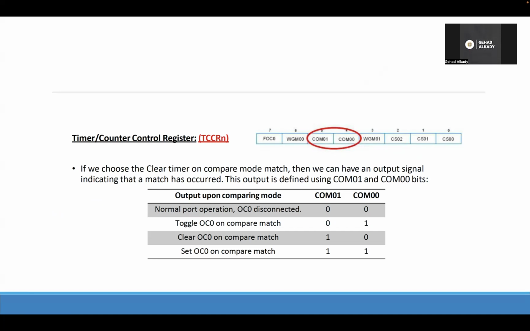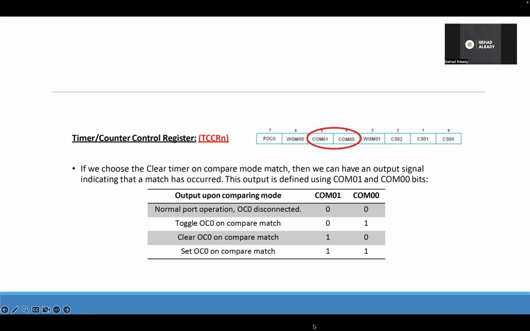We will use it later also in the PWM and the servo motor labs. So we can control by these bits the values that go to the OC pin. It's like an output pin on the ATmega32. So with these bits, we control the value that goes to the OC.